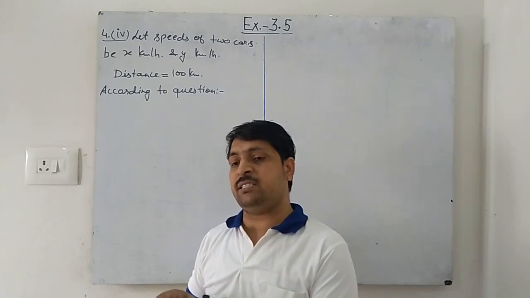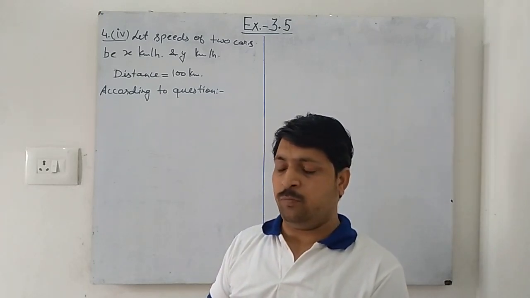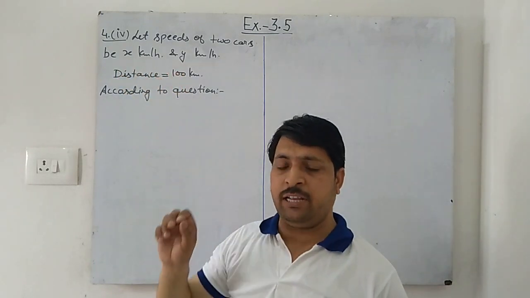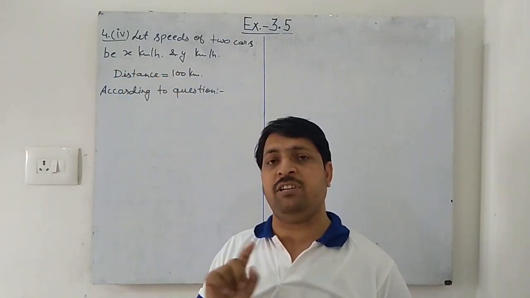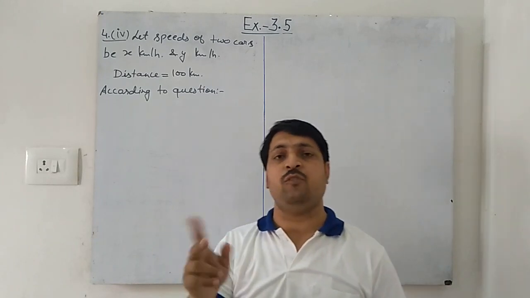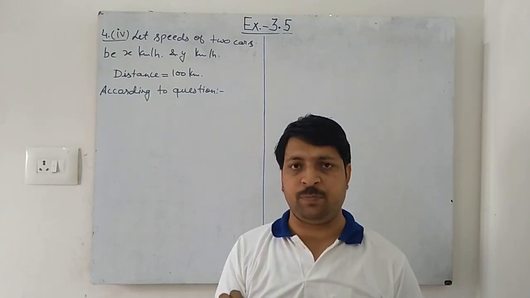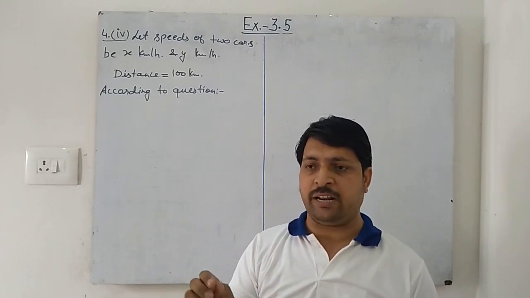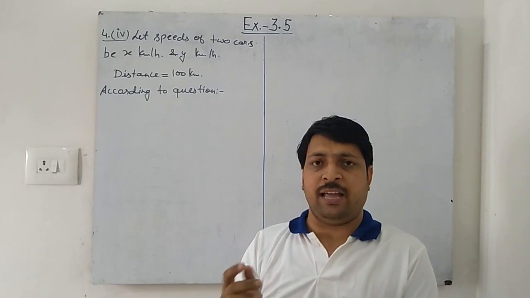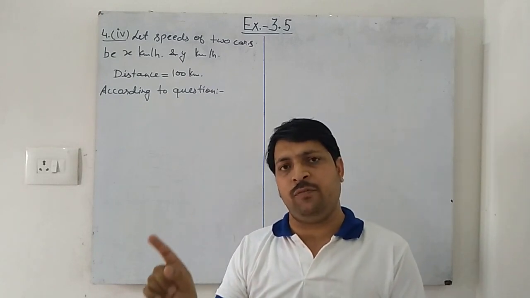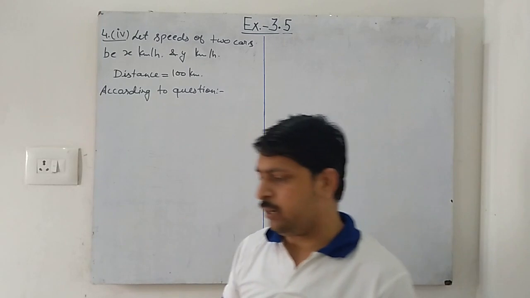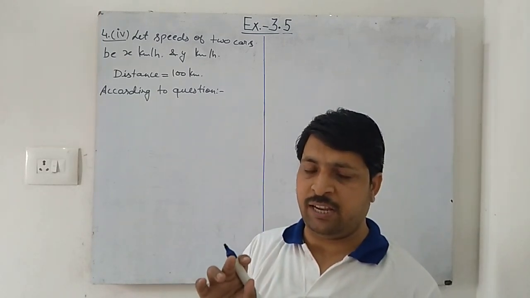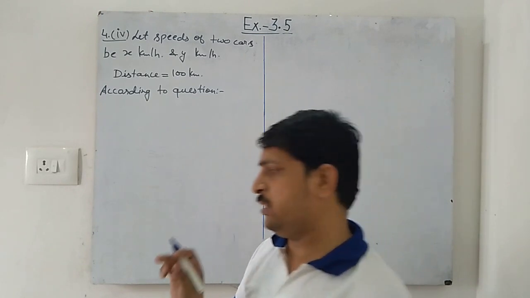So if they are traveling in same direction, then the relative speed will be the difference of both cars. If they are traveling towards each other, then the relative speeds will be the sum of speeds.